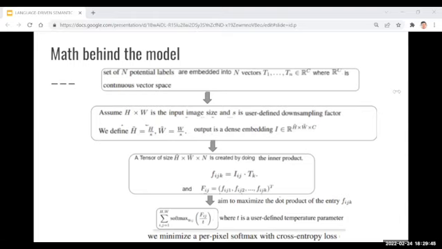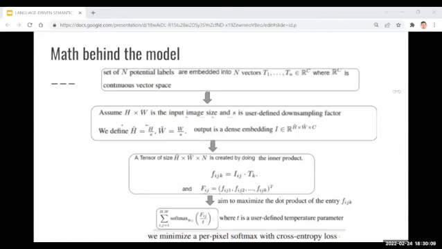So you get a tensor F. One of the aims is to maximize this dot product, and the training is done in such a way that we minimize the per-pixel softmax cross entropy loss.